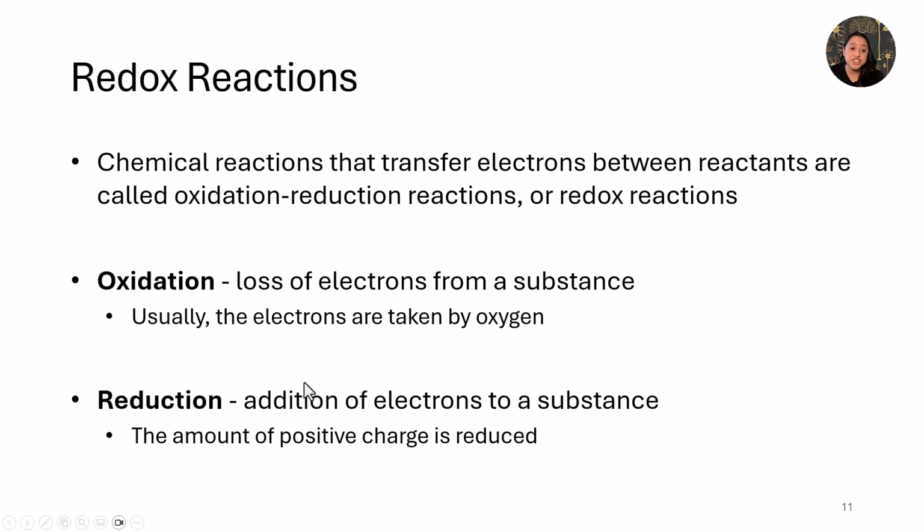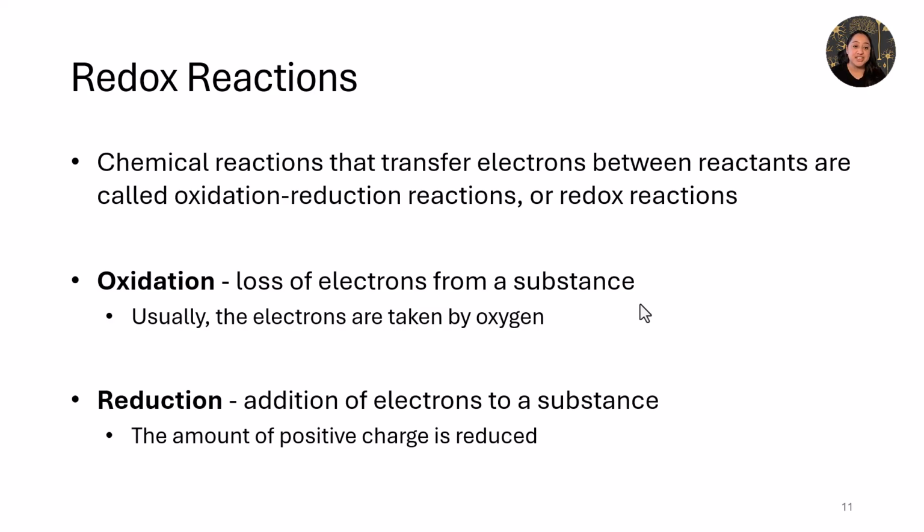So oxidation and reduction. Oxidation is when one atom loses electrons, the loss of electrons from a substance. And it's called oxidation because usually it's robbed of its electrons by oxygen. If you remember, oxygen is super electronegative, and that's why water is polar. It wants to steal electrons.